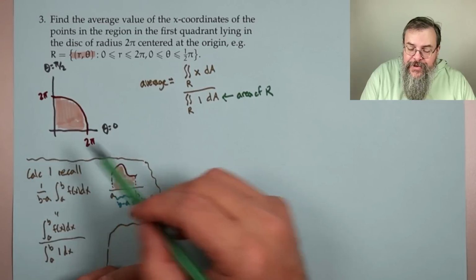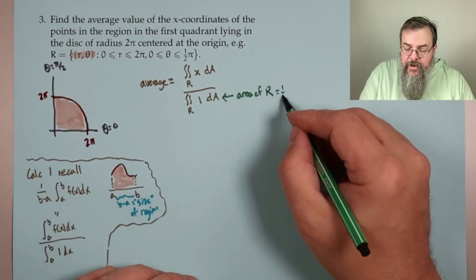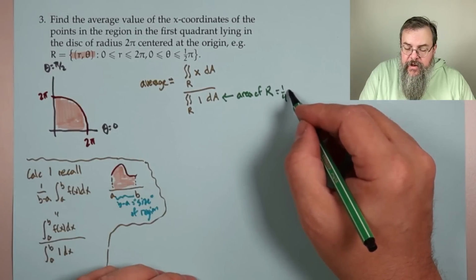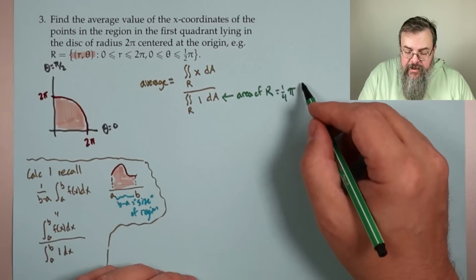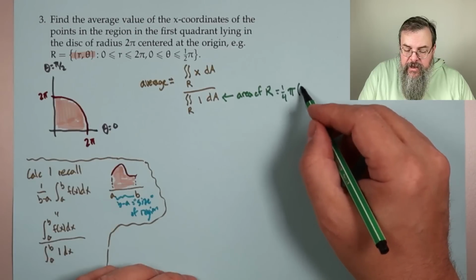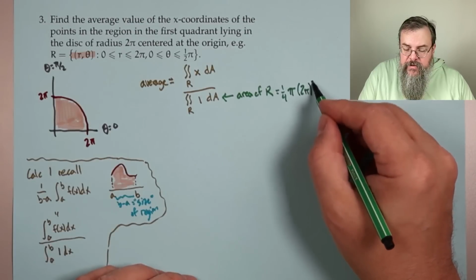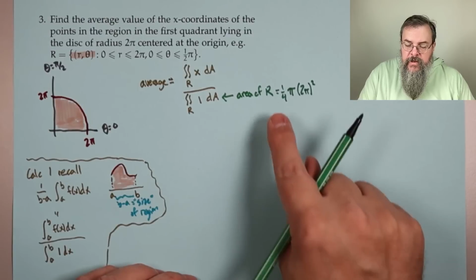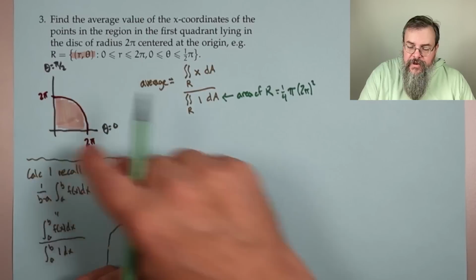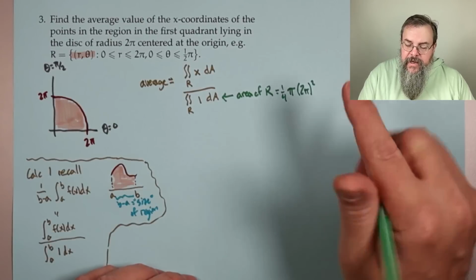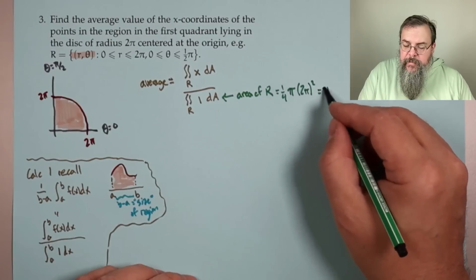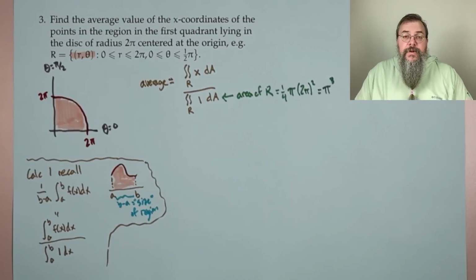Well, it's a quarter of a circle, so it's 1/4 of the area of a circle, which is pi r squared. So 1/4 pi r squared. Well, 2 squared is 4, that cancels, so the denominator will be pi cubed. So we don't really have to do a lot of work for the denominator.